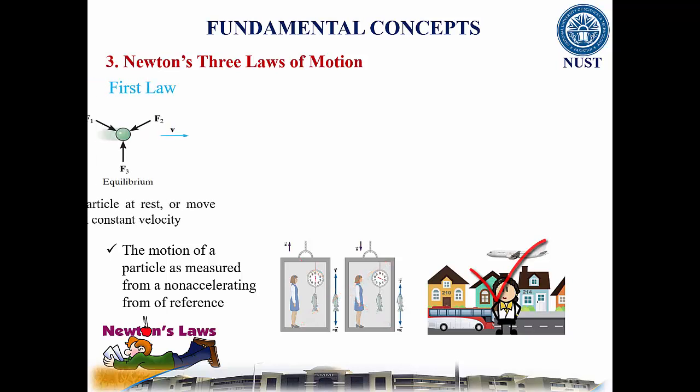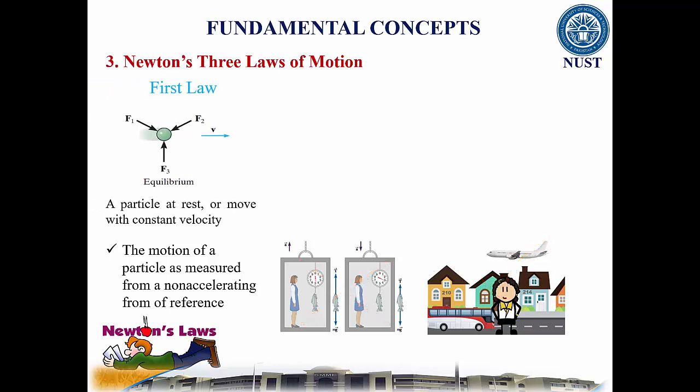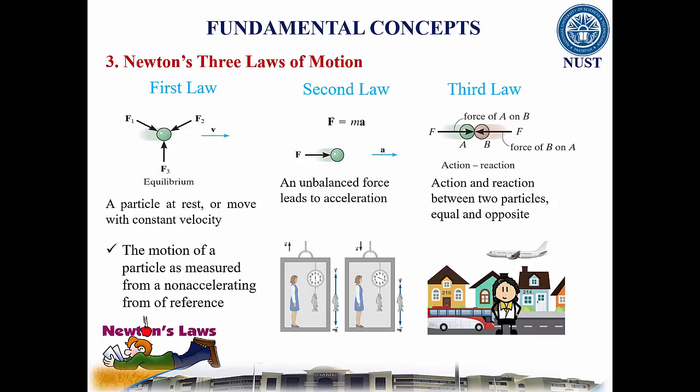According to the first law, a particle originally at rest or moving in a straight line with constant velocity tends to remain in this state provided the particle is not subjected to an unbalanced force.